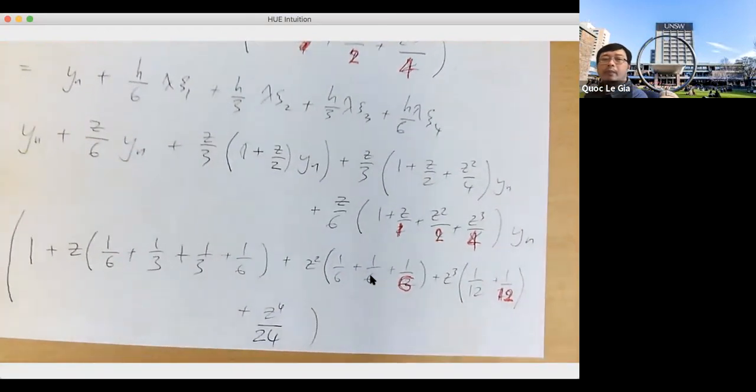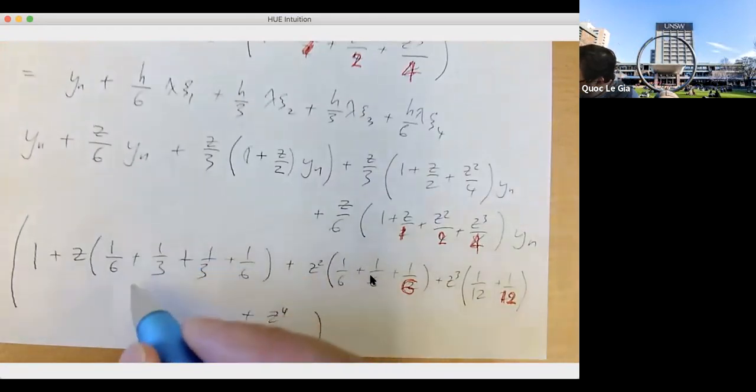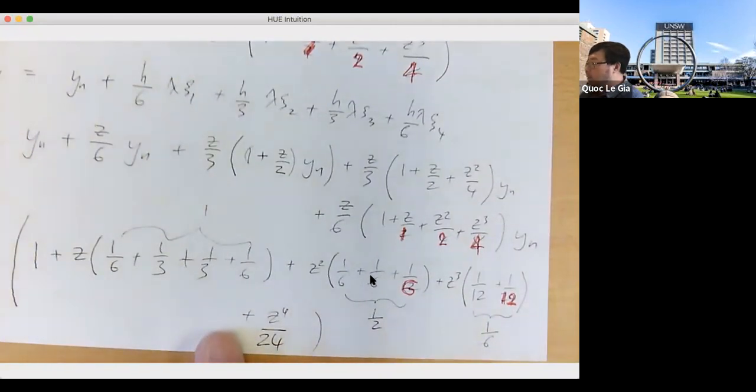And now you sum it up. So this one, if you sum it up, is just 1. 1 over 6, 1 over 6 is 2 over 6, is 1/3. Just gives you 1. And this one is 3 over 6, it just gives you 1/2. Okay. And this one just gives you 2 over 12, which is 1 over 6. And then this one is 24. So it's correct.